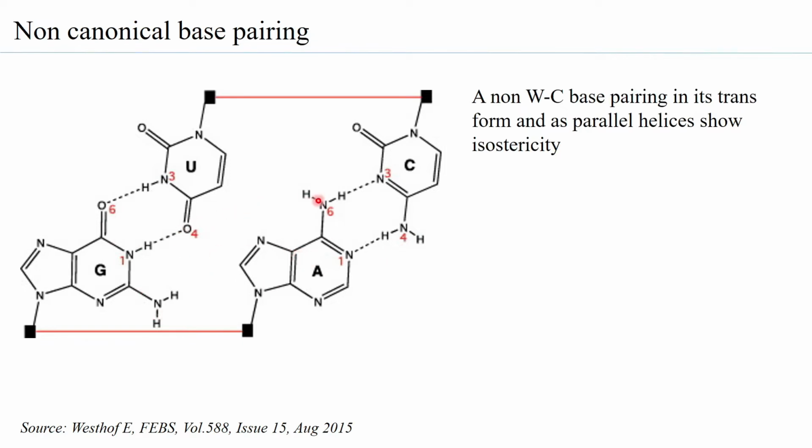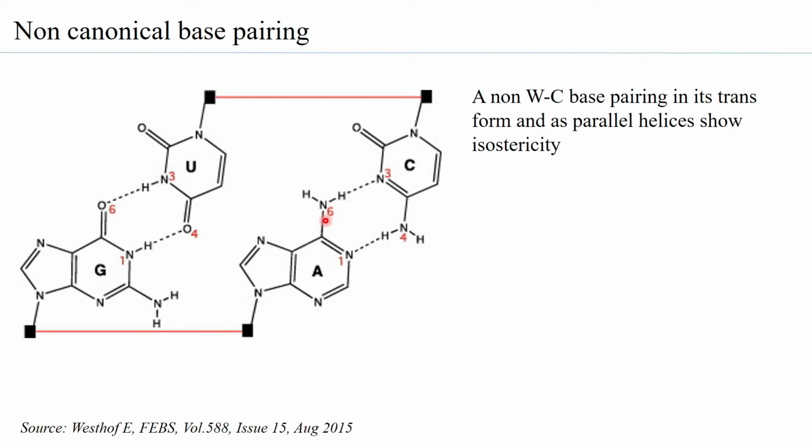And this is more observed in helices that are formed by the two strands being parallel, not anti-parallel. We all know that in general, when you consider DNA, you have the two strands in the anti-parallel form, right?